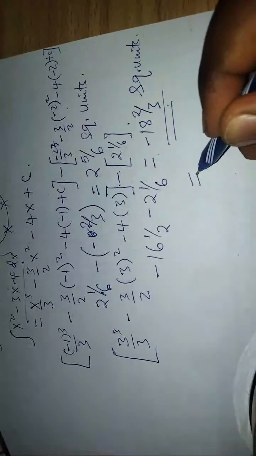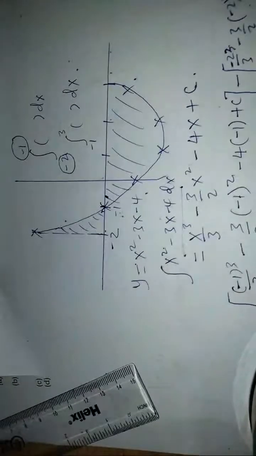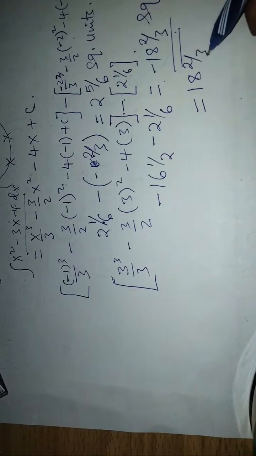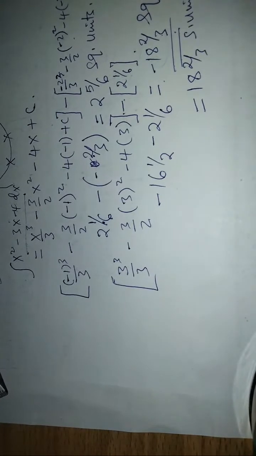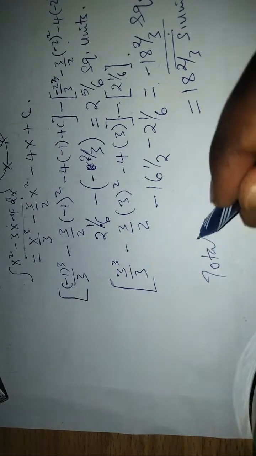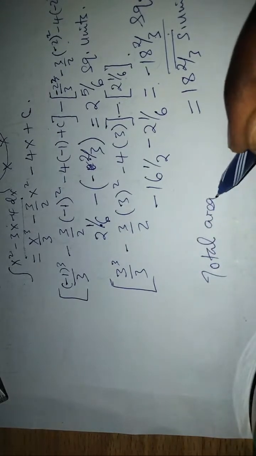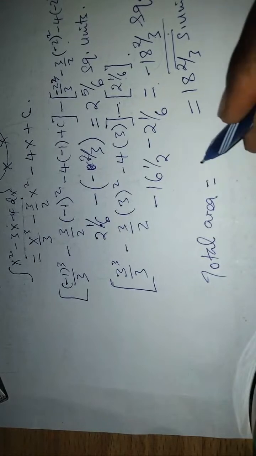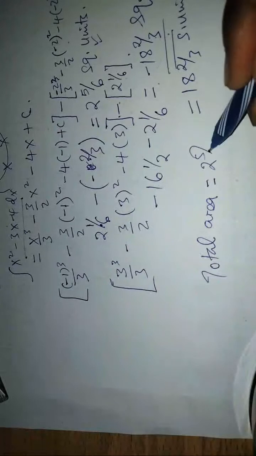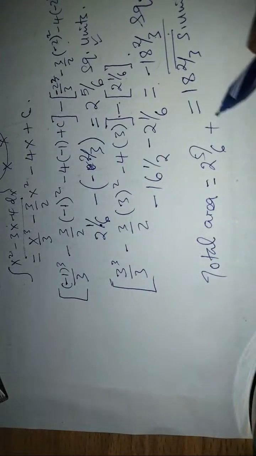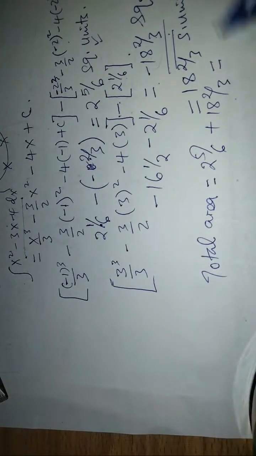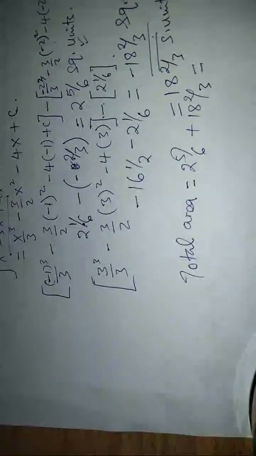So the absolute area, which is below the x-axis according to this sketch, is going to be 18 and 2 out of 3 square units. So now we can get the total area, which is equal to the first area, 2 and 5 out of 6, then we add 18 and 2 out of 3. This is going to give us the exact area.